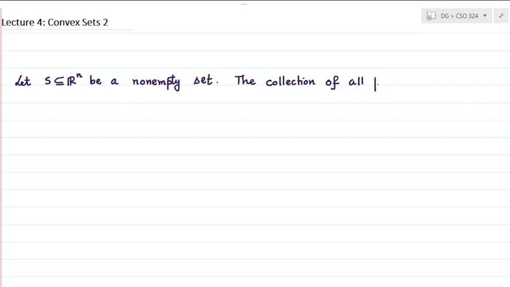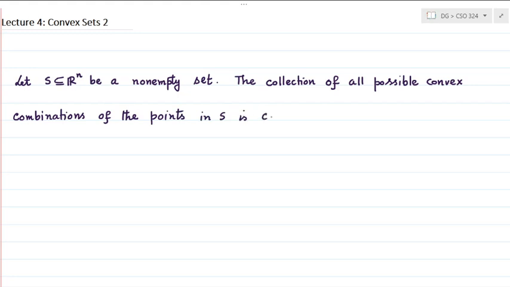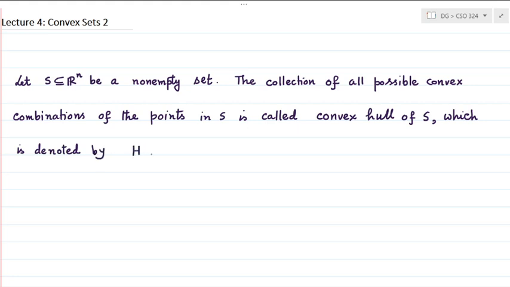The collection of all possible convex combinations of the points in S is called the convex hull of the set S, which is denoted by H(S).